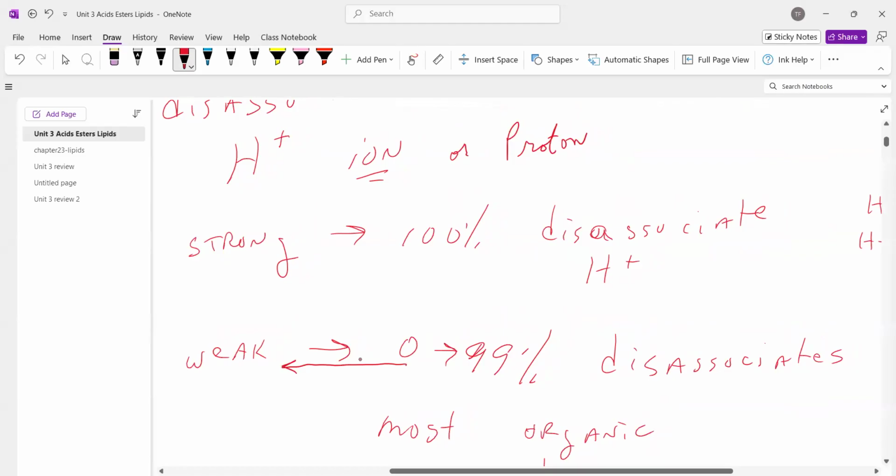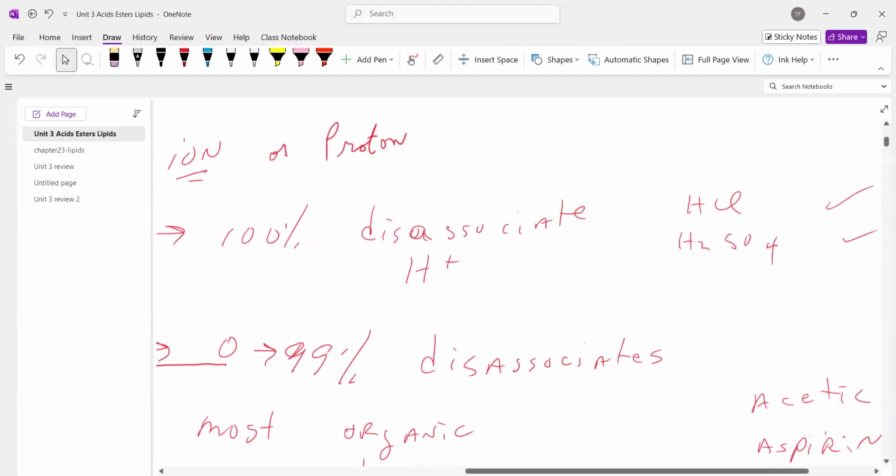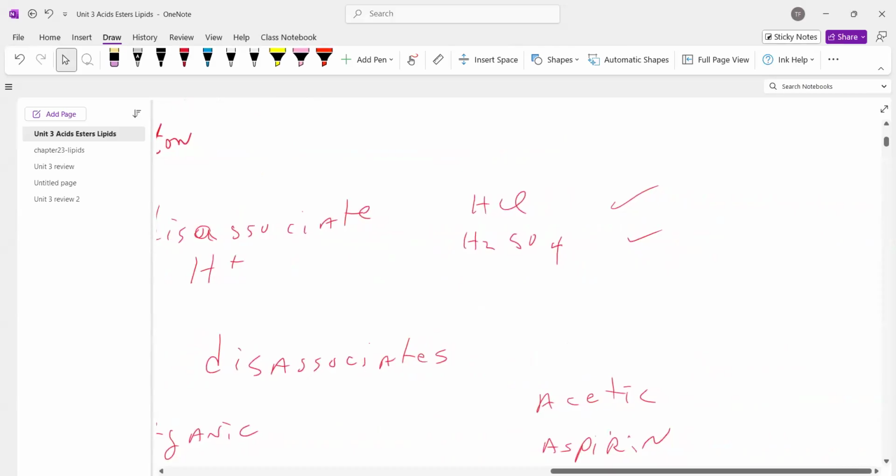Okay, strong acids: 100% of the hydrogen ion that's going to disassociate will disassociate. An example of a strong acid would be sulfuric acid, hydrochloric acid, nitric acid. And we use sulfuric acid a lot in organic chemistry.